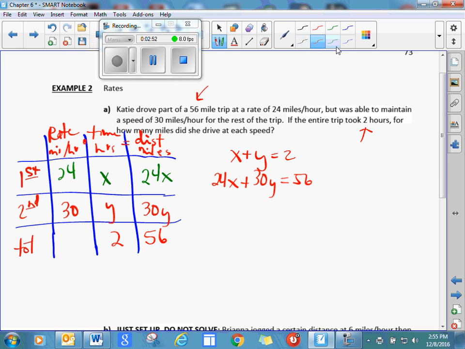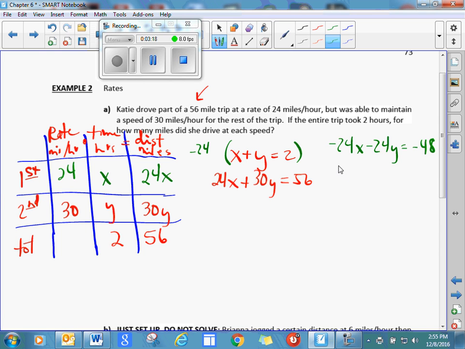We could choose substitution, but I'm going to choose elimination just to give you a little bit of practice with elimination to solve. So I'm going to multiply this nice, easy equation through by negative 24. That's going to cause my x terms to cancel. So minus 24x minus 24y equals minus 48.